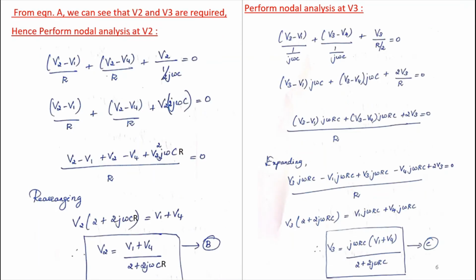If we want to find the value of V2 and V3, we have to apply nodal analysis at V2 and then nodal analysis at V3. So we'll see the first one. If you apply at V2, I'll go back to the circuit again. Now I have to write the equation with respect to V2.